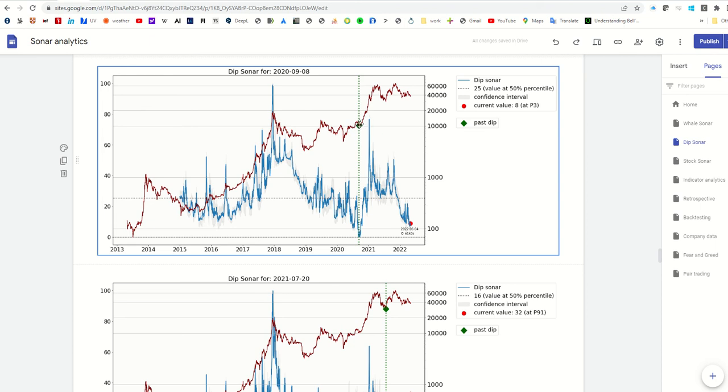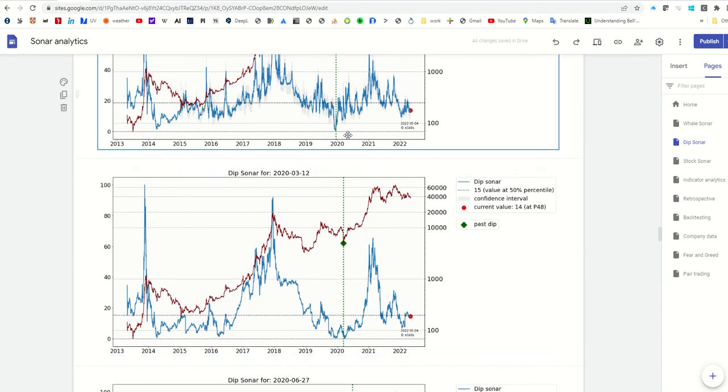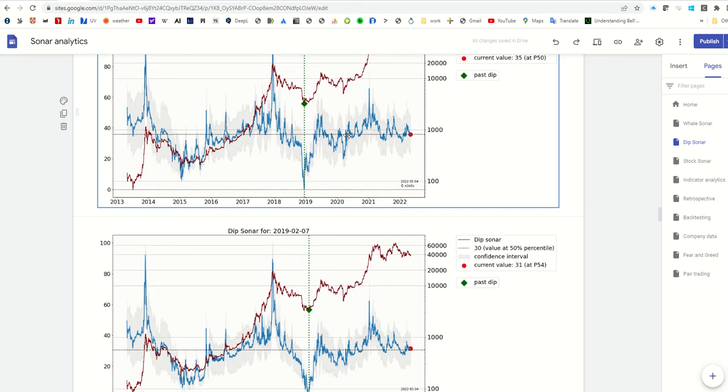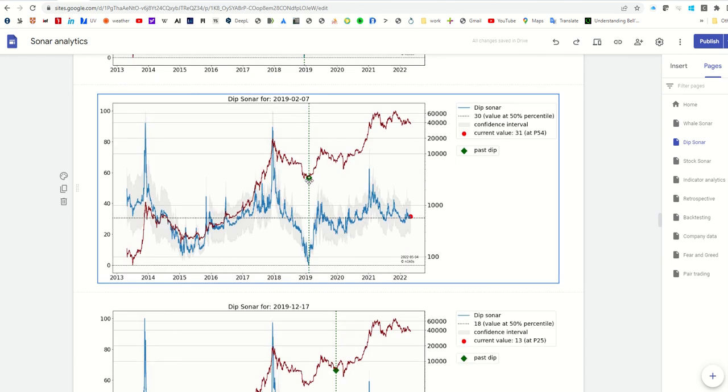And it's interesting that this bull run happened after that dip. This is not the case for all the previous dips. Let's have a look at that dip, for example, which is 2019, 7th of February. So here, yes, there was a dip and a big bull run afterwards, but we are quite far from those conditions.